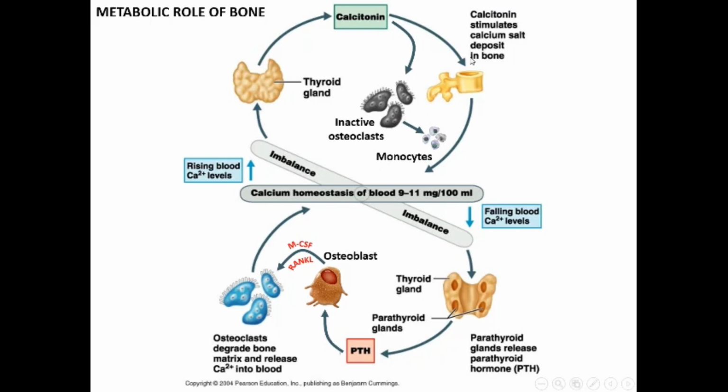And from the other side, it stimulates calcium deposition in the bone, so it decreases the calcium within the blood. And again we are back to normal concentrations. So in this way you can see these cells have a metabolic role in the bone.